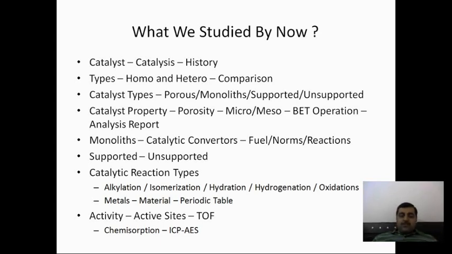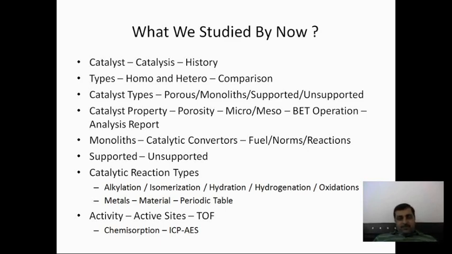We have also studied catalyst properties and the application of a specific catalyst, monoliths, in catalytic converters. And we have seen some basic definitions required in catalysis, such as turnover frequency and turnover number.